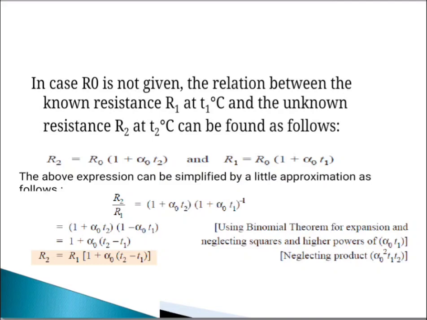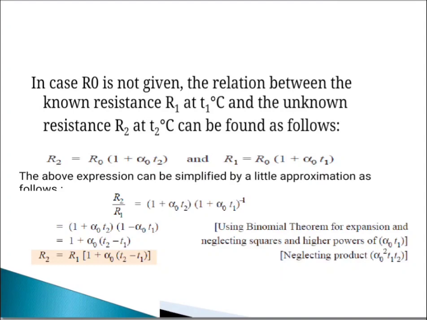By solving these two equations, we find 1 plus alpha 0 bracket of T2 minus T1, or finally we get R2 is equal to R1 bracket of 1 plus alpha 0 into T2 minus T1.